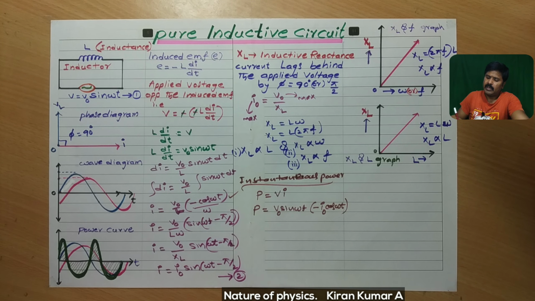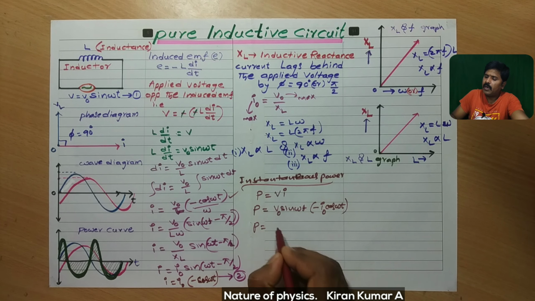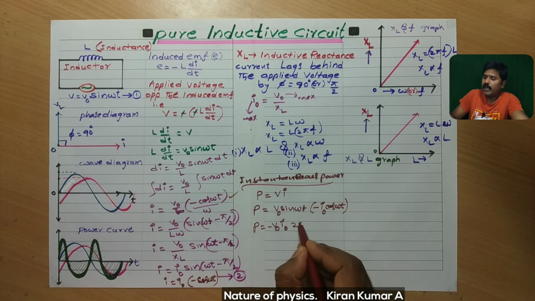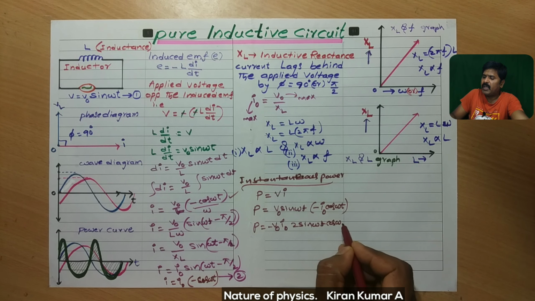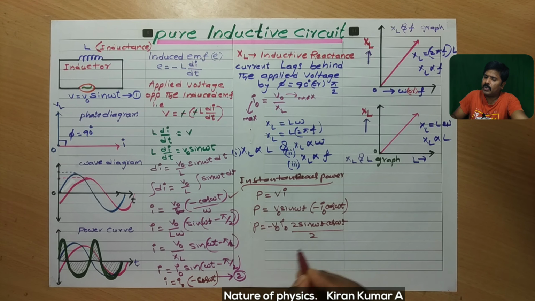Okay, so the equation from the second equation is what, student? I is equal to minus I0 cos ωt, student. Okay, so P is equal to V0 into minus I0, multiplying by 2 and dividing by 2, sin ωt into cos ωt divided by 2, student.